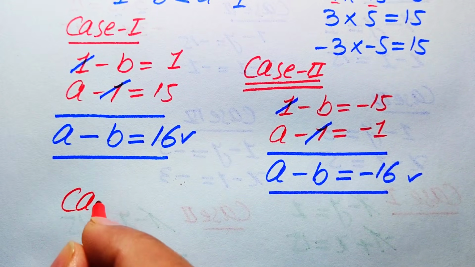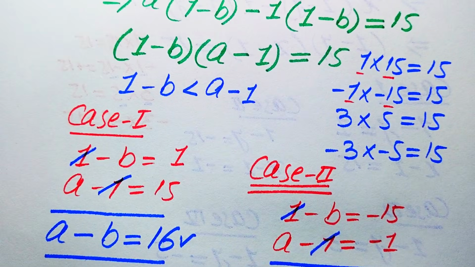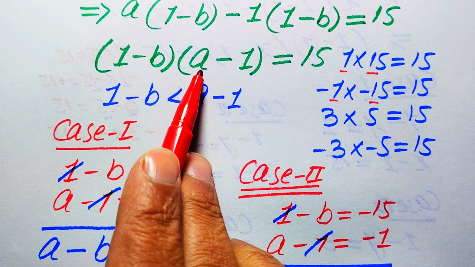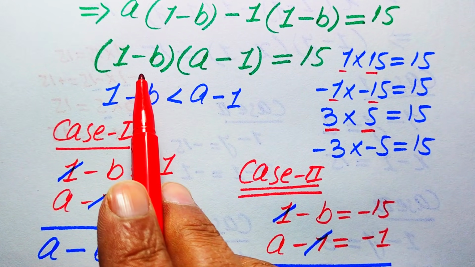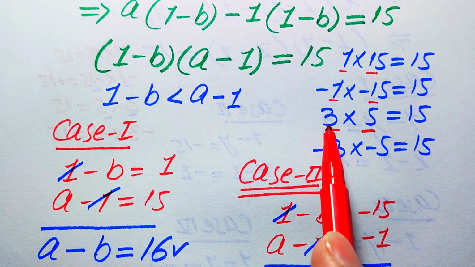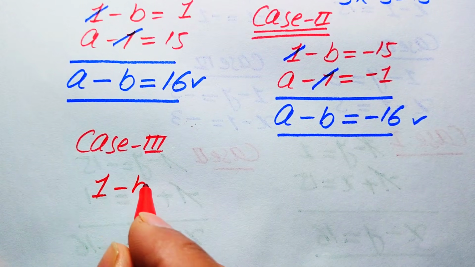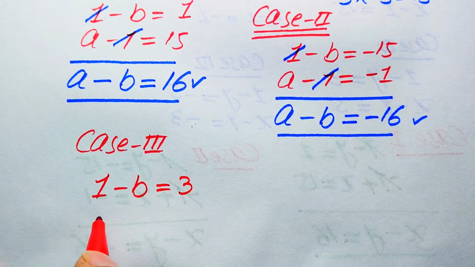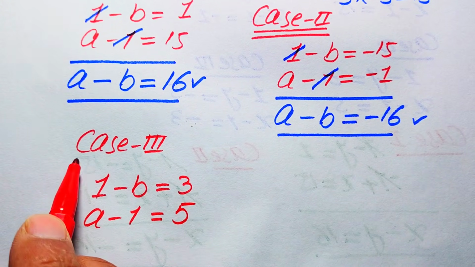And likewise, we move towards our third case. In the third case, we again compare 1 minus b and a minus 1 with 3 and 5. So we choose 1 minus b as the smaller value, which is 3. We write 1 minus b is equal to 3 and a minus 1 is equal to 5.